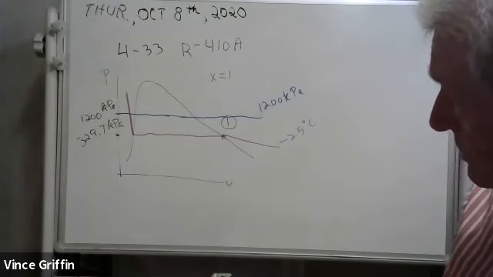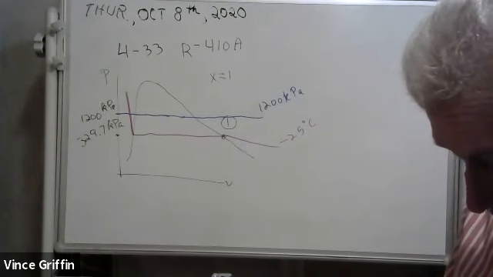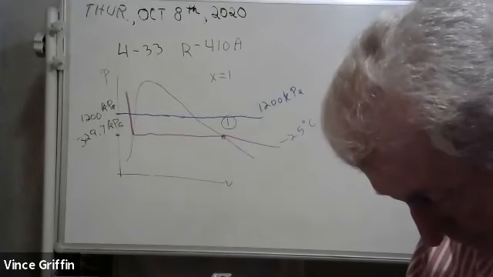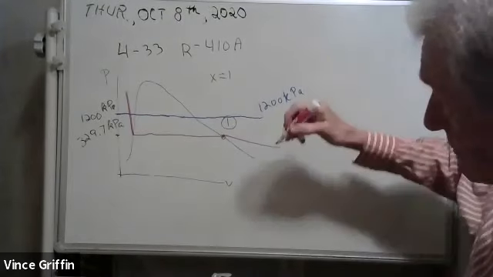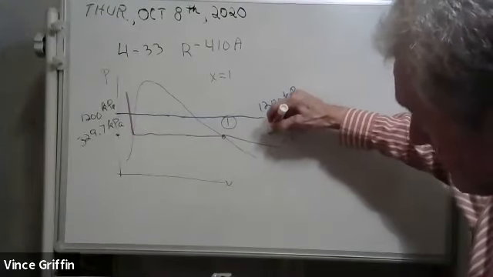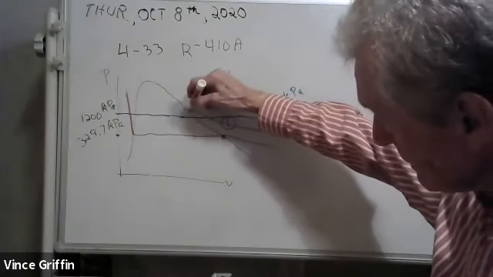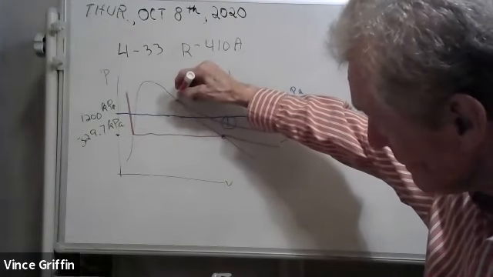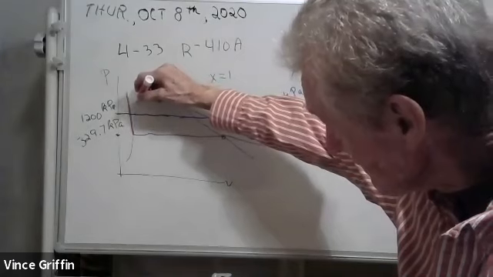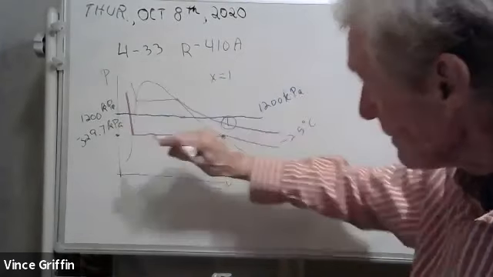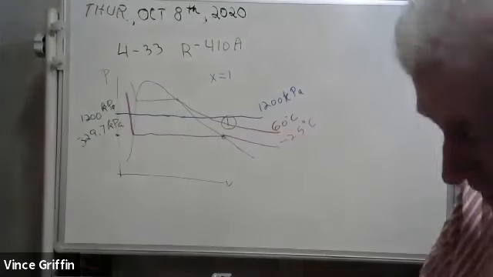Well, 60 Celsius, let me draw that for you. That goes up there kind of towards the top. Here's the 60 Celsius. You are looking at the 60 degrees Celsius isotherm.